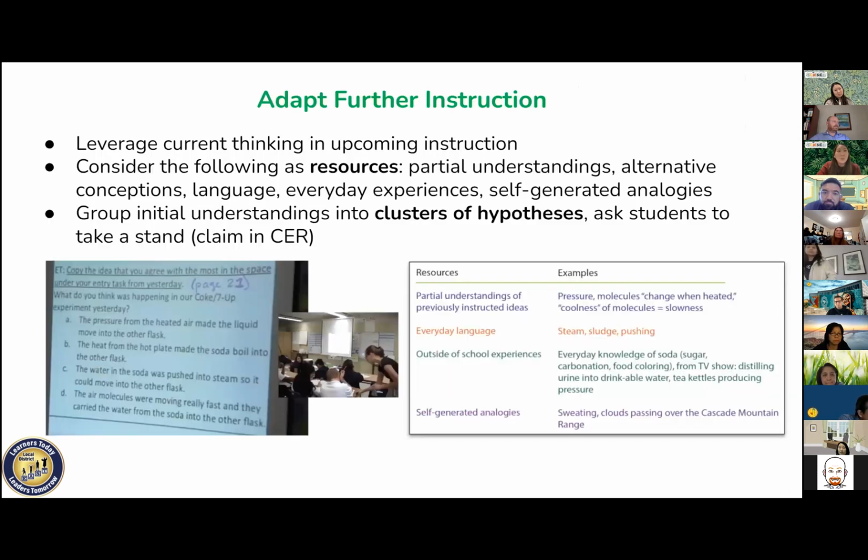So then we'll adapt our instruction further, leverage their thinking, use these resources of their understandings, their analogies, and then group them. And then especially having students take a stand, really claiming, right? And explaining, because the more that they can have that discourse and exchange thinking with their peers, the more they're going to be able to build up the academic language, be able to have the confidence in discussing with one another and be open to ideas that are not the same as theirs.